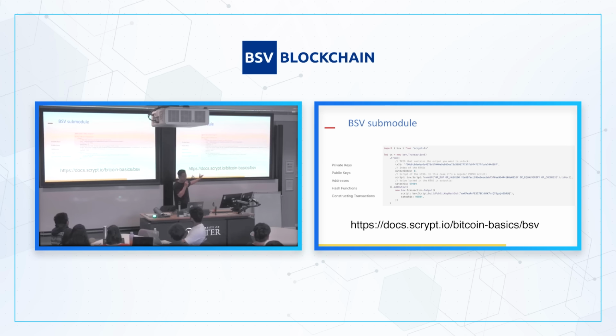Also, the most important one, I think, which we are going to use later on, is how you build transactions. Here I use a simple example. You can import the submodule from our library, and then say, hey, I want to create a transaction with this content. Here it says create a new transaction.